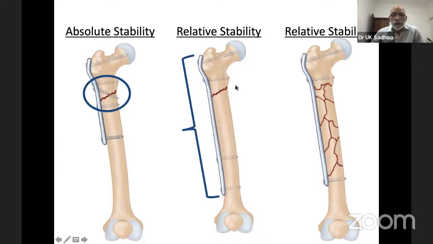The relative stability, as you know, comes with screws that are put in the proximal and distal fragment and a bit away from the fracture site, so that there is a relative movement there or at the comminution site to produce some callus, which is a very welcome sight. But whether it is absolute or the relative stability, the implant, the plate, or for that matter, the nail, has to be adequate length also.